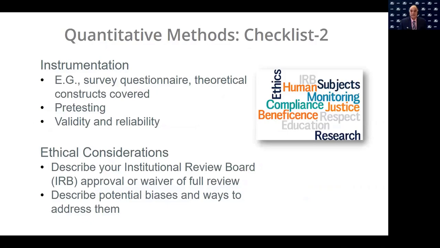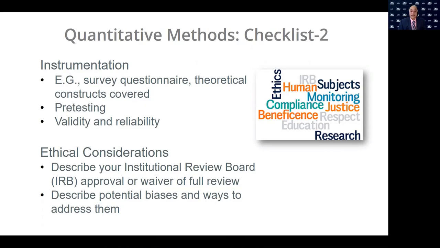Okay, so about the data collection instrument, you ought to give enough detail about it as it applies to your research. For example, for surveys, discuss the questionnaire and the theoretical constructs or topics covered by the questionnaire. Describe if and how pre-testing of your instrument was done.